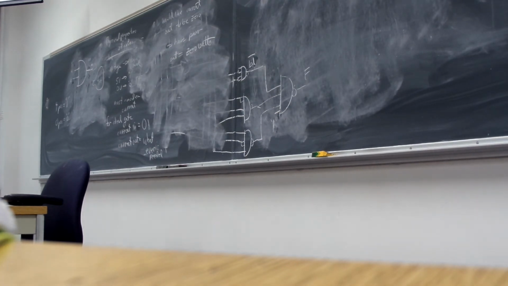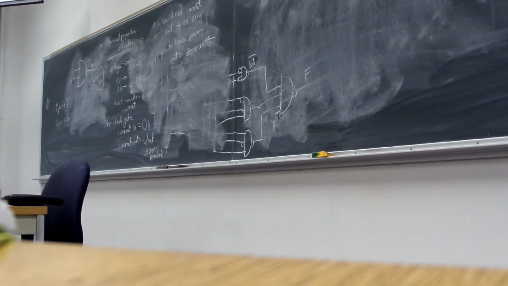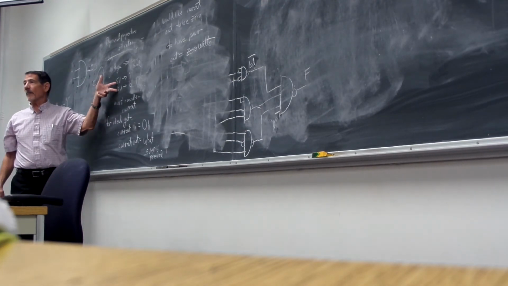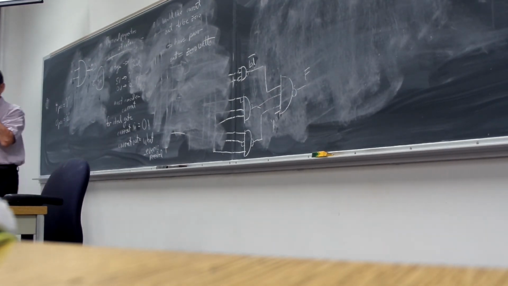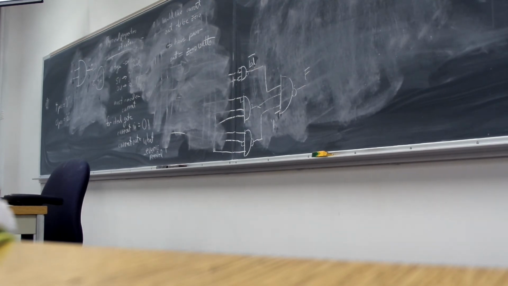So when we are rating our gates, when we're taking a look at these physical gates, we want to take a look at the logic levels, and we want to take a look at current flow and power. So if we were putting power into the gate, wouldn't there still be a current coming in then?